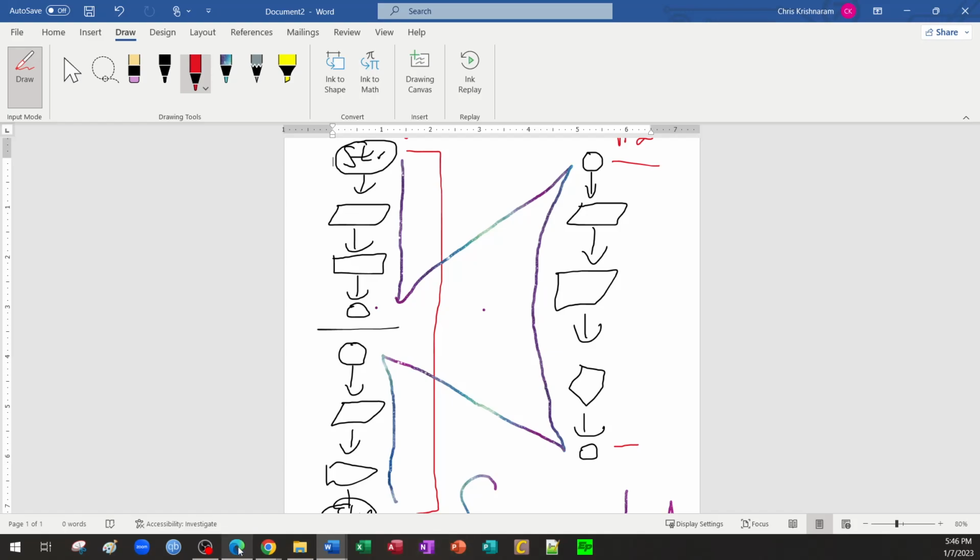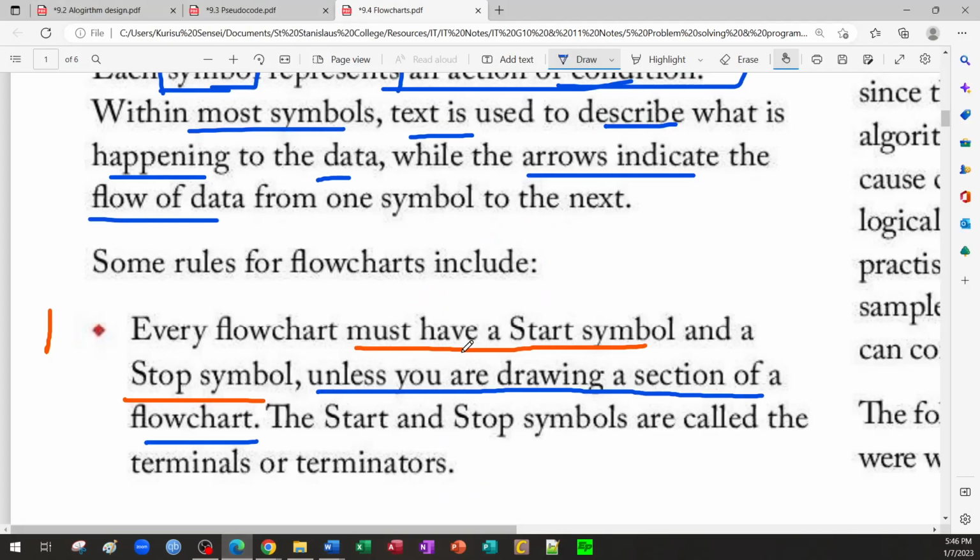So this is the only exception. Whenever you're creating a flowchart, it must have start and stop. But if you're creating a section of the flowchart using the connectors, it does not need to have that start and stop symbol. The last part, the start and stop symbols are called terminals or terminators.